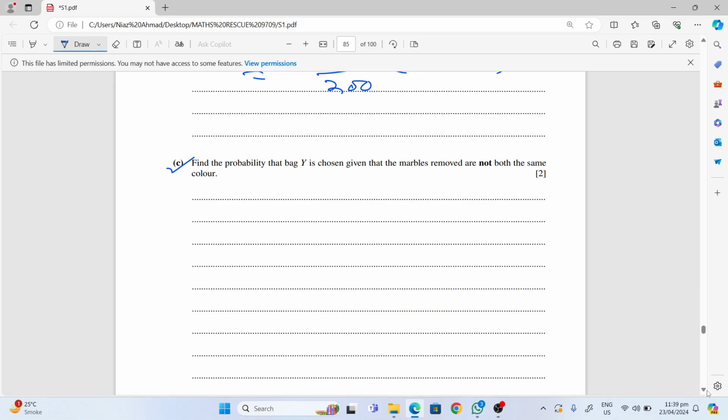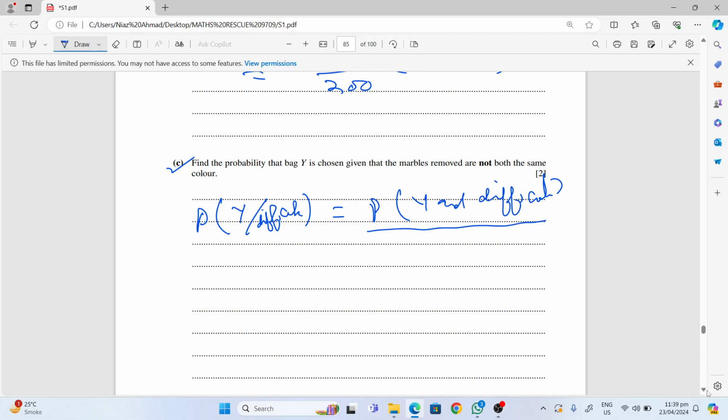It means this is conditional probability, different color. So we can say probability of Y given different color is the probability of Y and different color, divided by probability of different color.